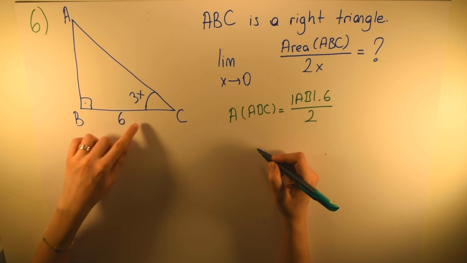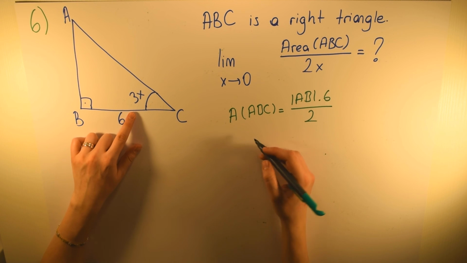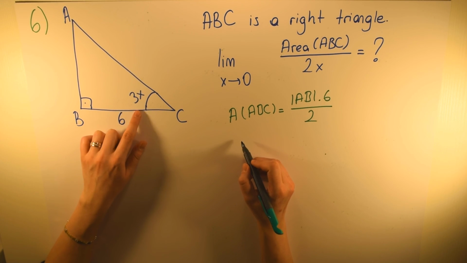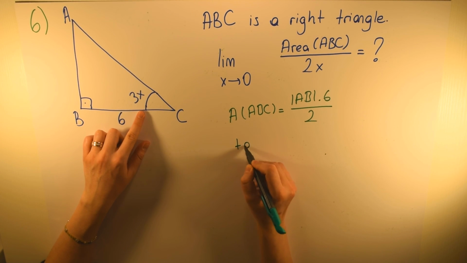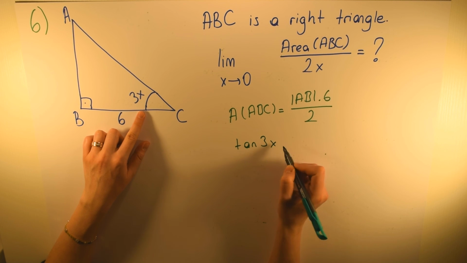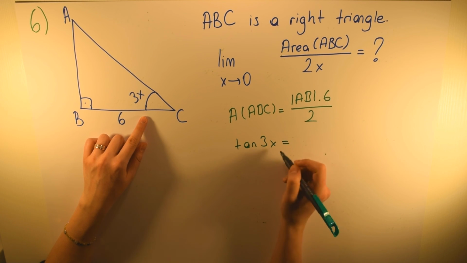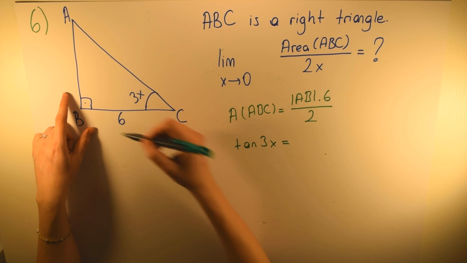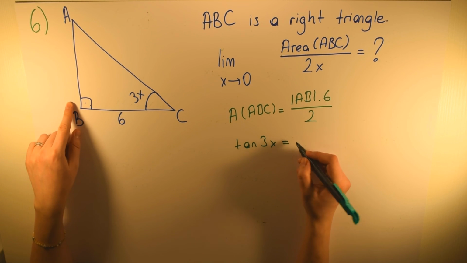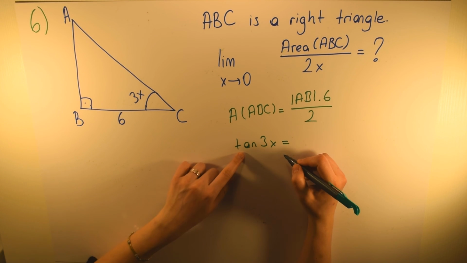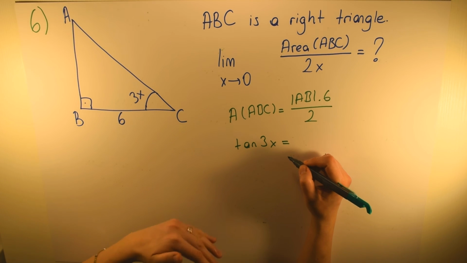But when I look at this angle, tangent 3x is equal to, let's say this is the AB length. What was the tangent? Tangent is the opposite side over the adjacent side, right?